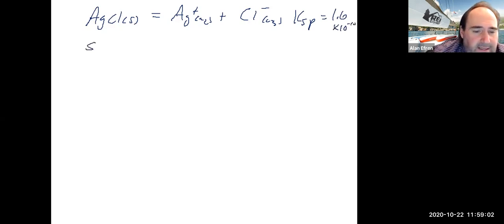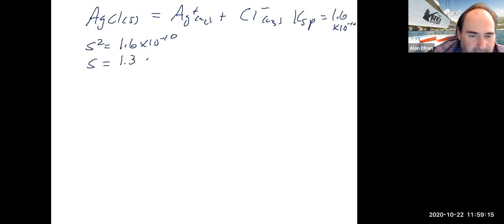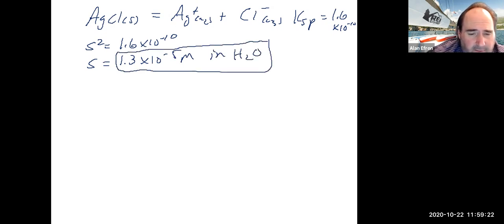That essentially would get us S squared is equal to 1.6 times 10 to the minus 10. That would get us a molar solubility for silver chloride of something like 1.3 times 10 to the minus 5 molar in water. I think we did this calculation earlier. Now, in ammonia, we have 4.5 times 10 to the minus 2 molar in NH3.